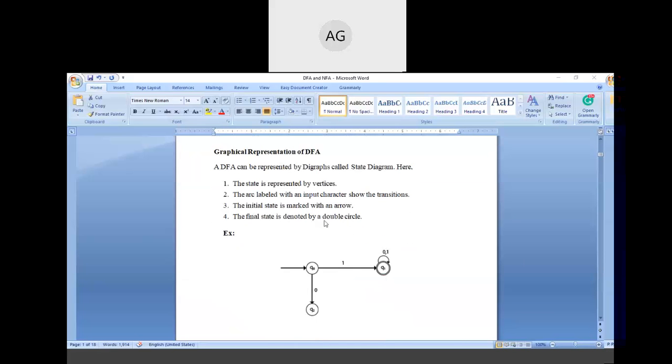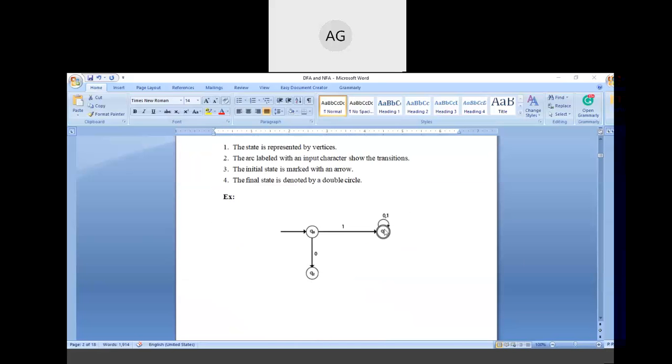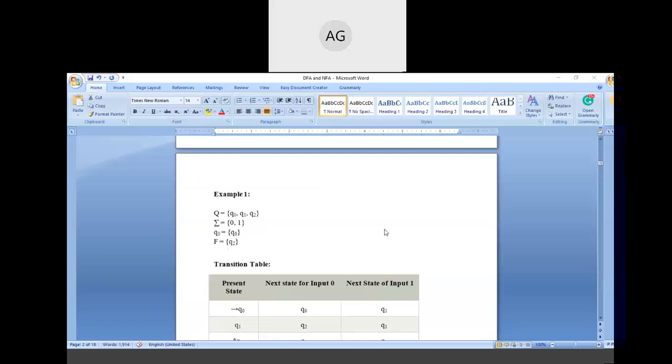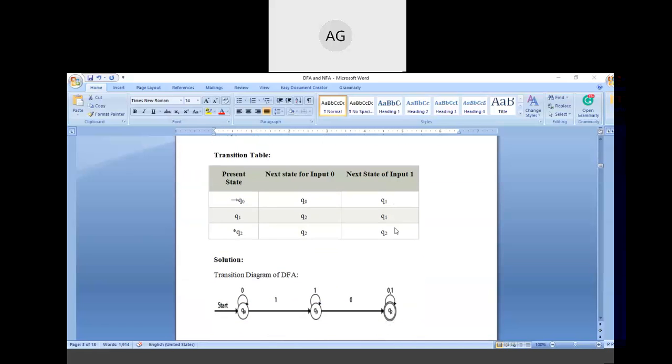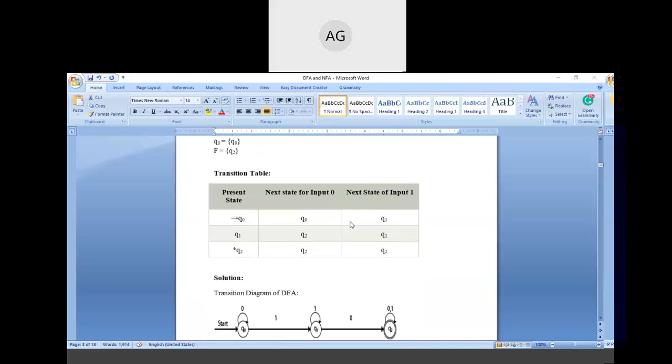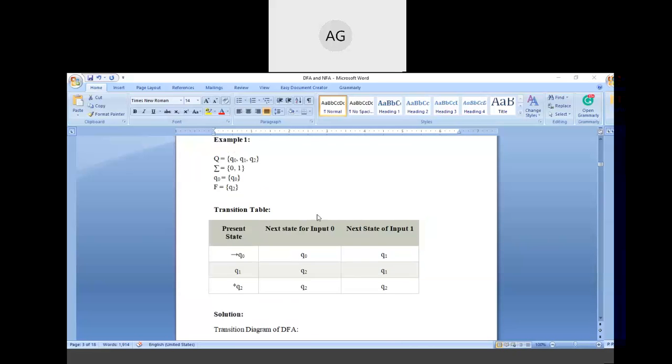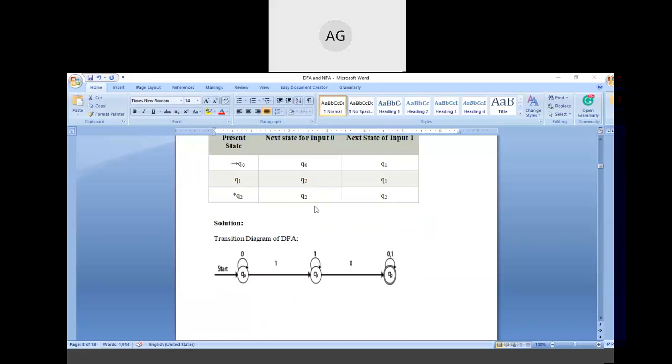Then we discussed the graphical representation of DFA, and some examples of how we can solve the DFA. Basically, you need to understand that some tuples of DFA are given to you and you need to convert. If a transition table is given, you need to construct the transition diagram.